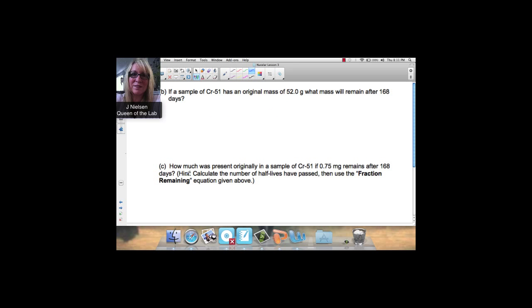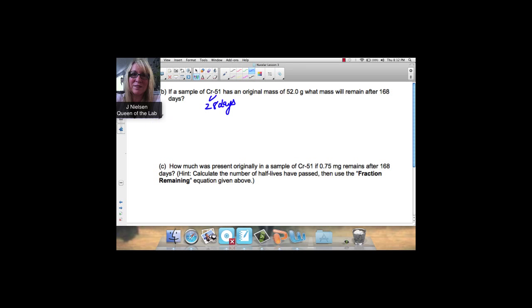If a sample of Cr-51 has an original mass of 52 grams, what mass will remain after 168 days? Well, we said chromium-51 has a half-life of 28 days.